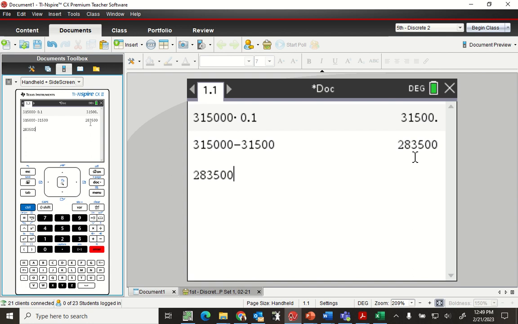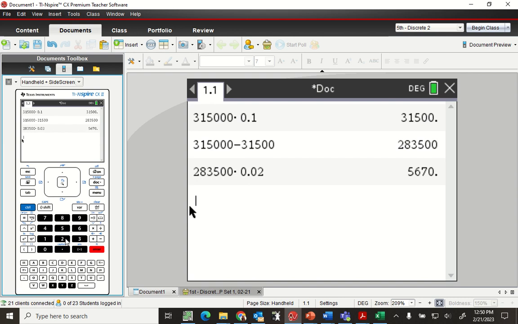Each point is 1%. So I need to figure out what 2% is. So that's going to be times 0.02. There's my 2% right there. So my 2%, the amount of money I have to put down at closing, is right here. I need to come up with that one.